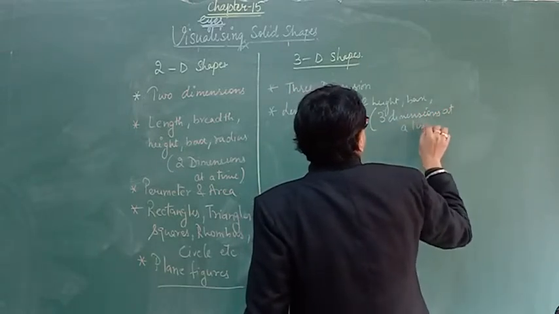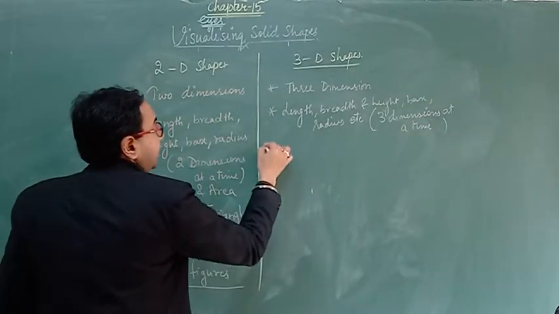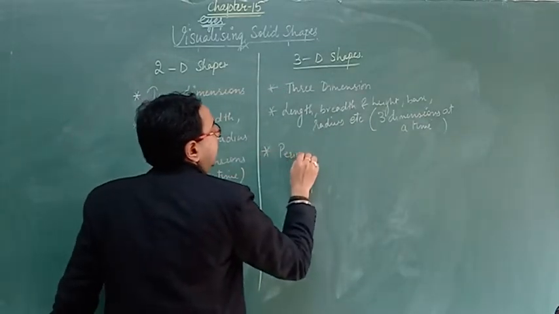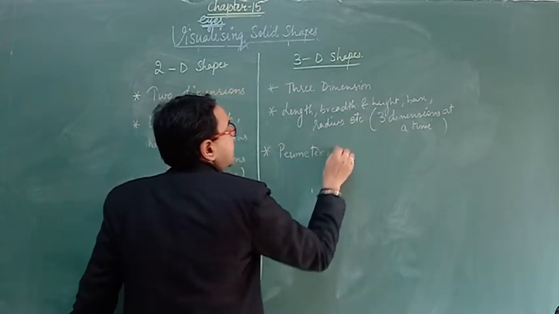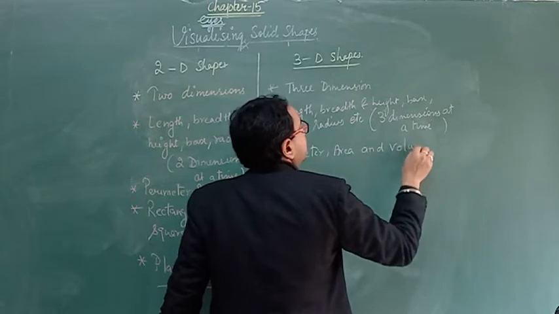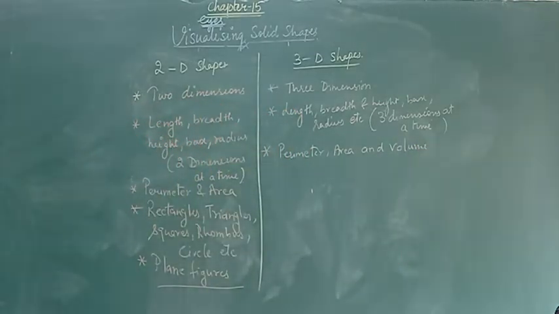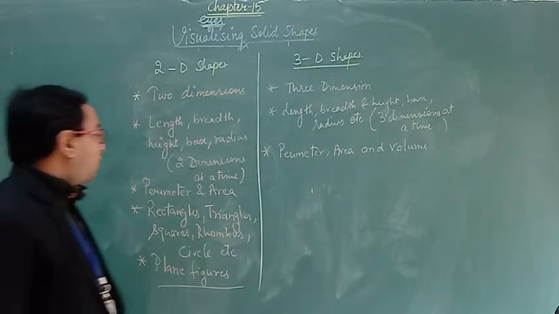Next, we can find perimeter, area and volume for this. Clear with this?